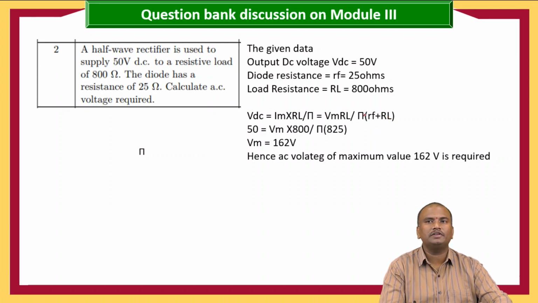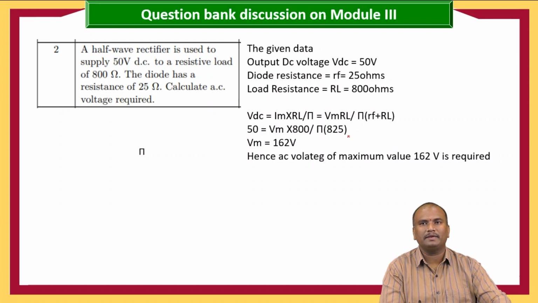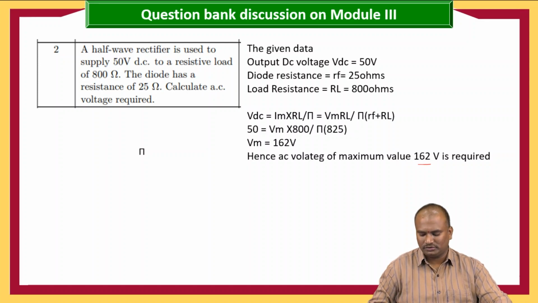If we substitute these values, 50 is equal to Vm into 800 by pi into 825. From this we get the Vm value as 162 volts. Hence, the maximum AC voltage required for the given data is 162 volts.